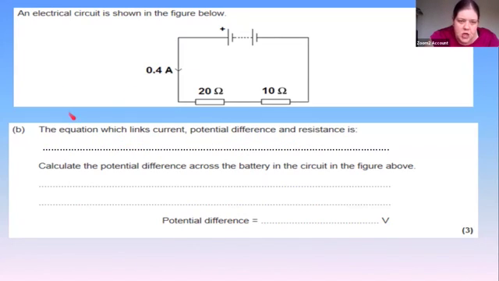I would recommend writing out potential difference equals current times resistance to make sure you're all good. It doesn't matter which way round you order it. So you could put resistance equals potential difference divided by current, as long as you've got it correct. I just, for some reason, always remember V equals IR.